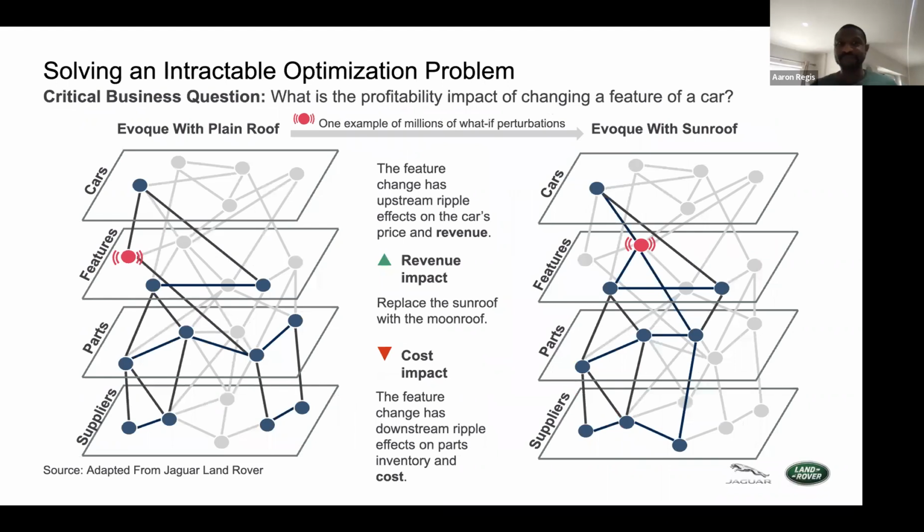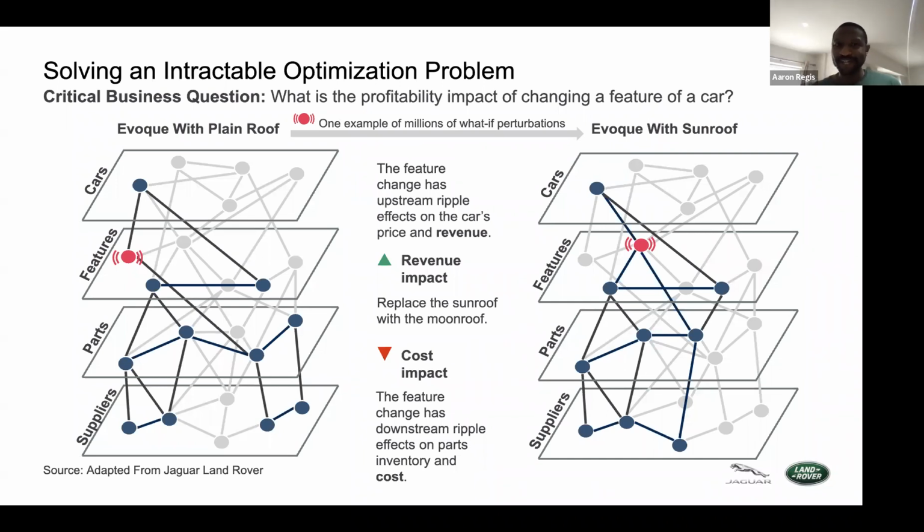And then lastly, you've got what we call an optimization problem. This is really quite sophisticated scenario modeling, where we change very slight what-ifs. So if I just change, for a particular model of car, maybe instead of an Evoque with a plain roof, what if I create an Evoque with a sunroof? What would be the revenue impact and what would be the cost impact?